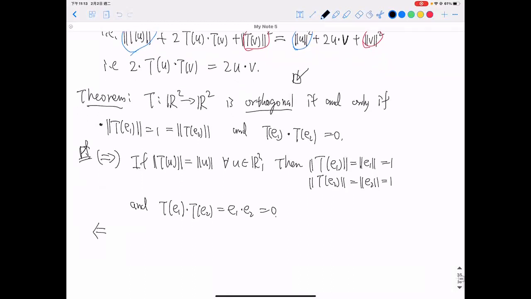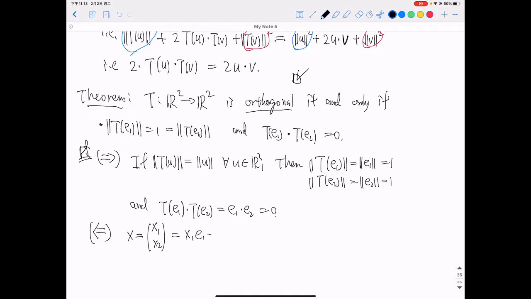So now going backwards, we want to argue. What do we want to argue? We want to study how T acts on any vector, say x equals (x1, x2).